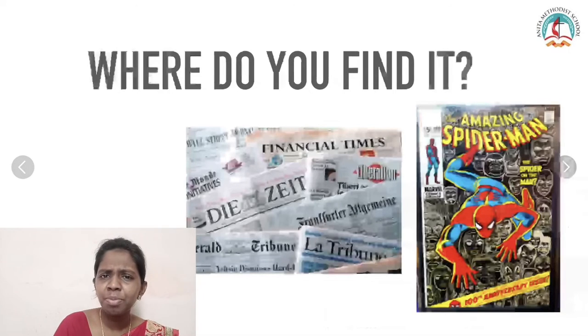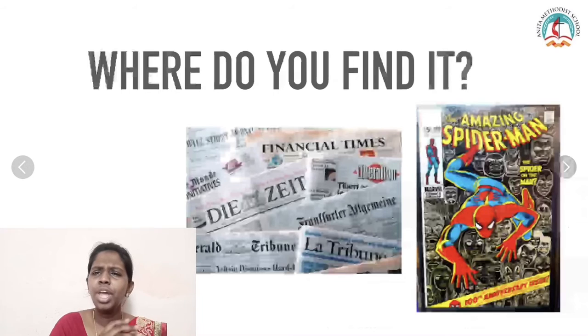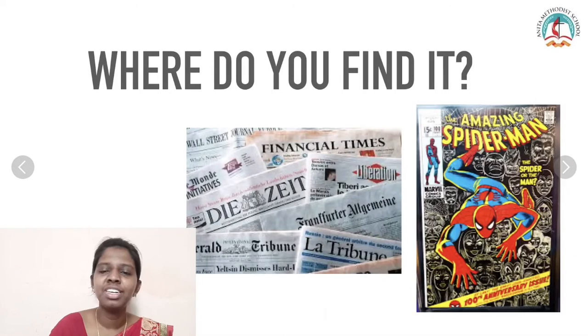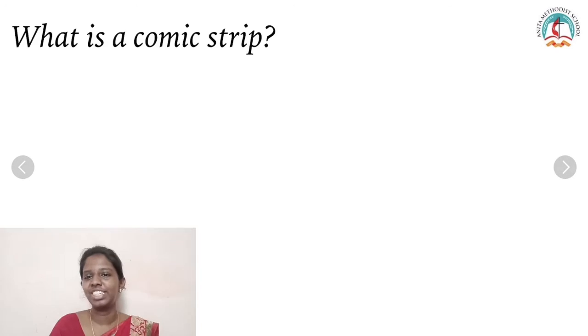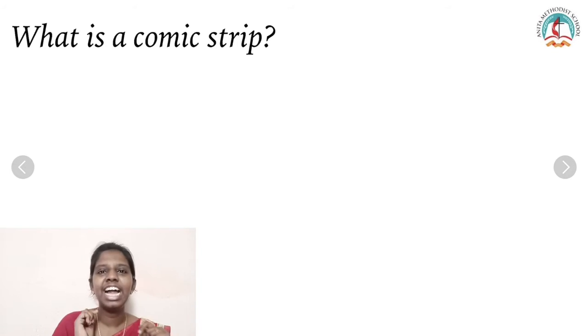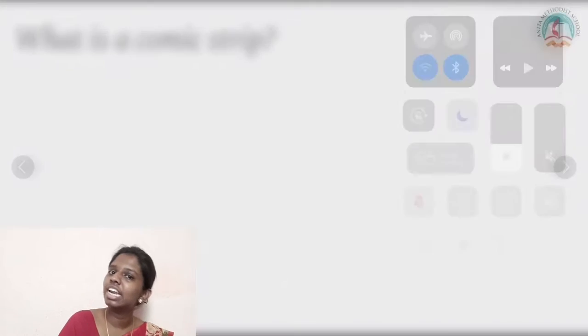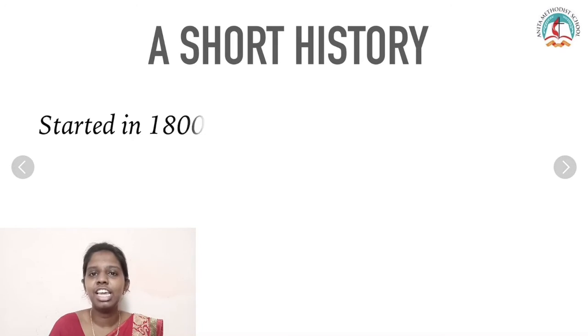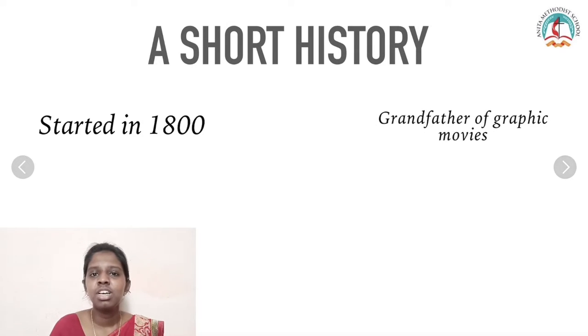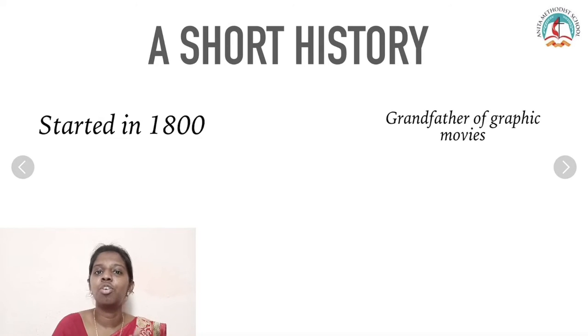When I say comic strip, you may wonder, where do you find it? Maybe in a newspaper or in a comic book. You can find comic books all around. Shall we see a short history of the comic strip? It started in the 1800s, and they say it is the grandfather of the graphic movies that we see normally. Graphic movies can be animated ones, like what you see on other TV channels, like Spider-Man or whatever it is.